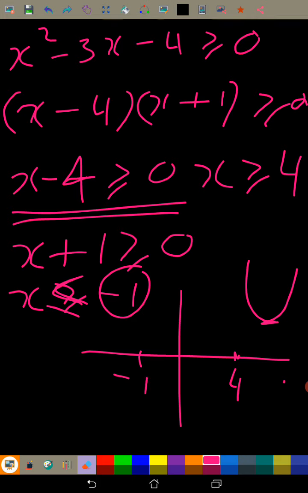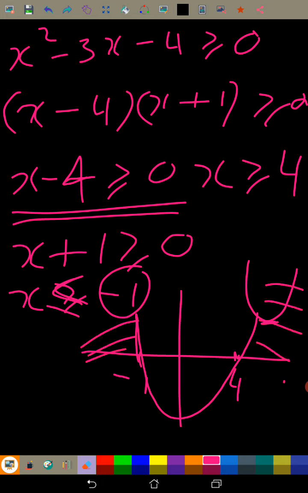So we have a curve that goes like that, and we want everything above 0, so it's going to be anything above 0 here. Here the curve is below 0, here it's above 0.